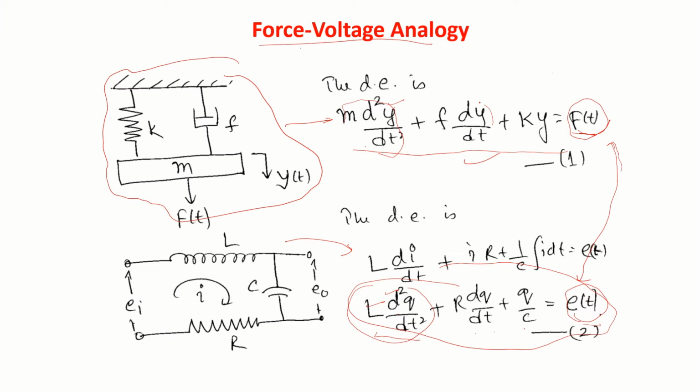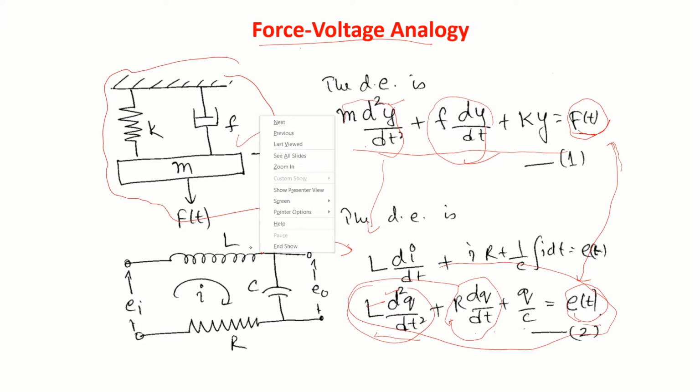This is the damping force, this is a voltage. So every force can be represented by an equivalent voltage. That's why it's called force voltage analogy. That means a mechanical system can be represented by an equivalent electrical system.